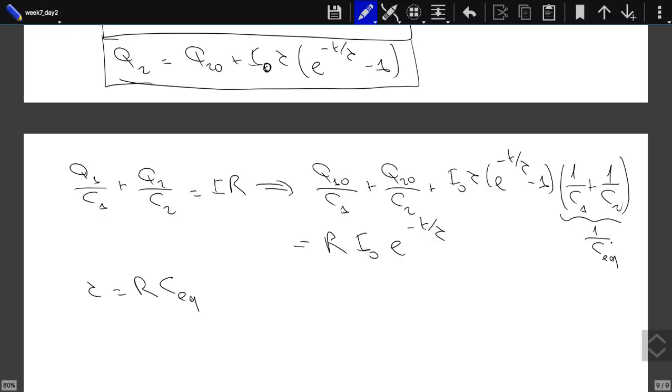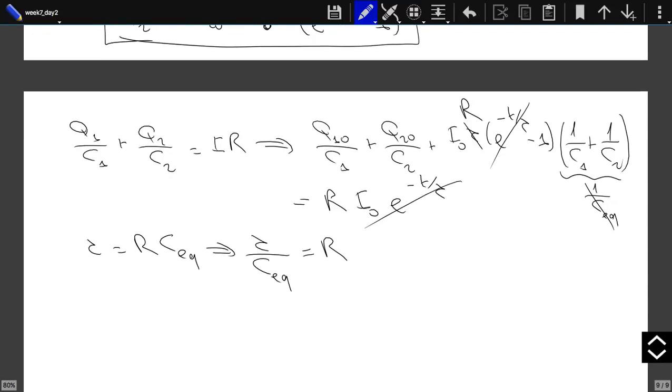So if I cancel this C equivalent over here, what is left is R. Tau over C equivalent is just R. Now here I have I0 times R times e to the power minus t over tau. On the right-hand side, I have R times I0 times e to the power minus t over tau. So they just cancel each other.